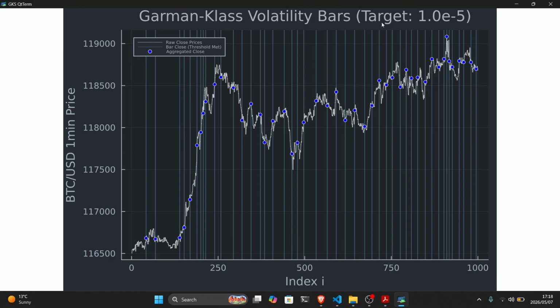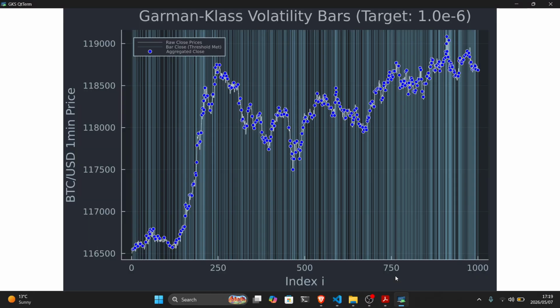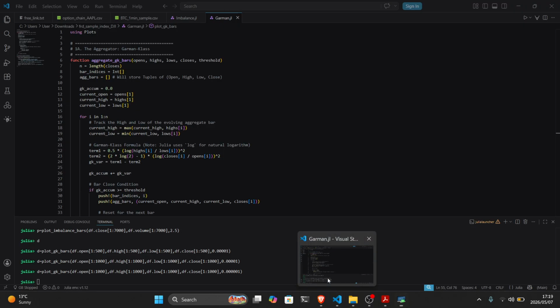Now, this is the same target, but a higher index. Now, I'm going to make the target smaller again by just a decimal point. And as you can see, there's essentially more closes being met. Now, I'm going to increase the entries.